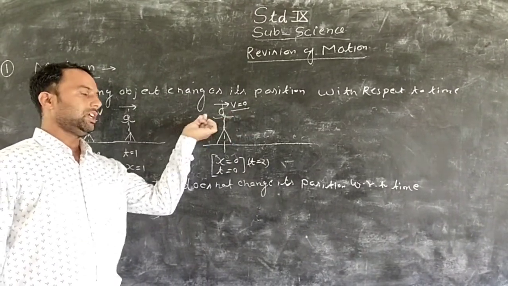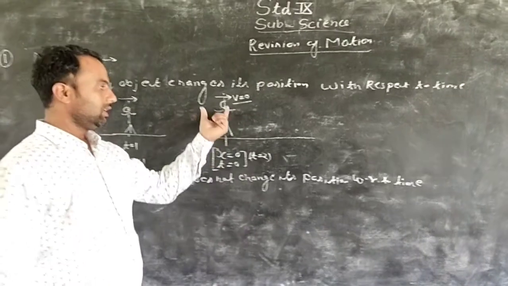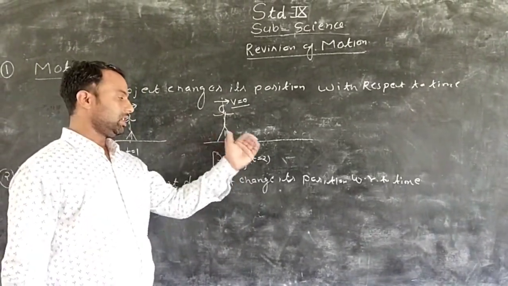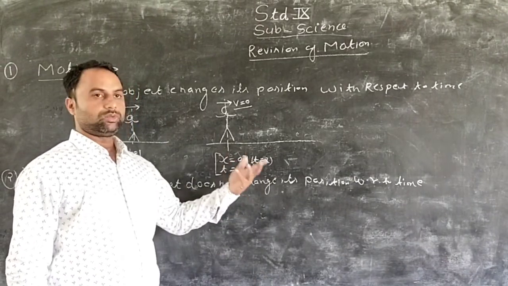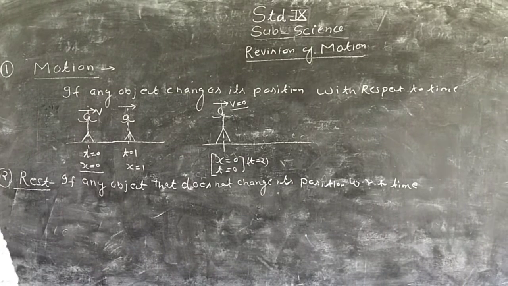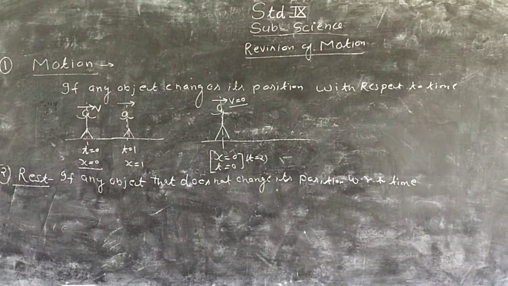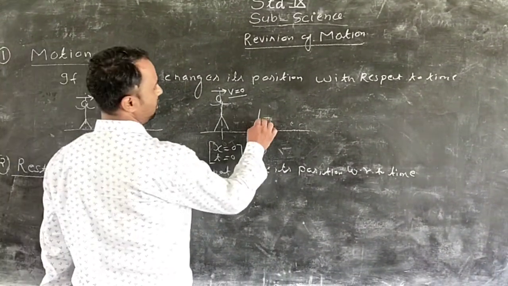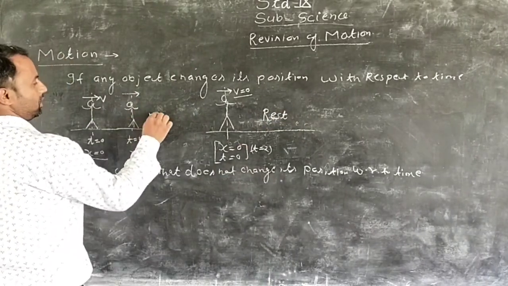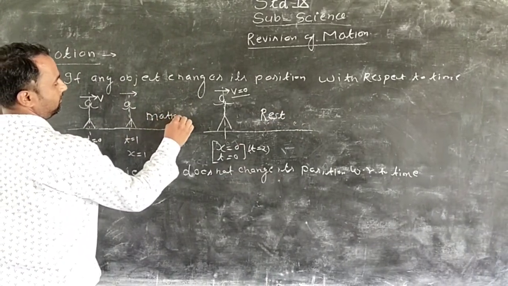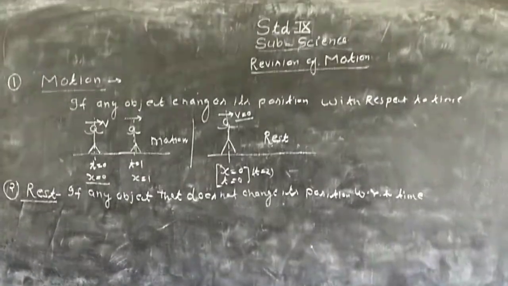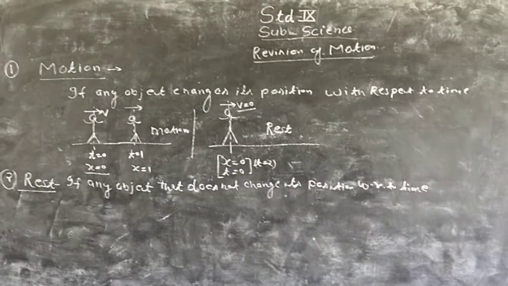Because of velocity we move; if we have no velocity, we keep standing while time is continuously increasing: t equal to 0, t equal to 1, t equal to 3. But our position is fixed here, and position does not change with respect to time. This type of condition is called rest. These are the 2 terms we first defined: motion and rest.